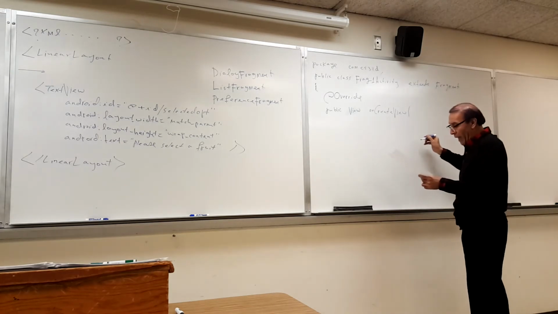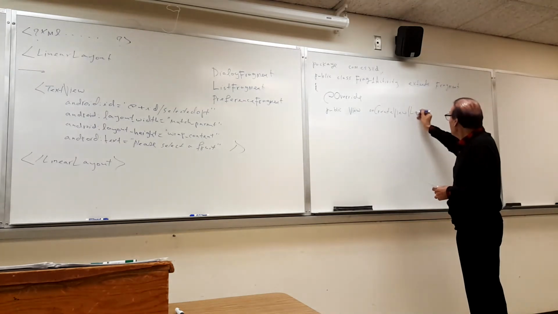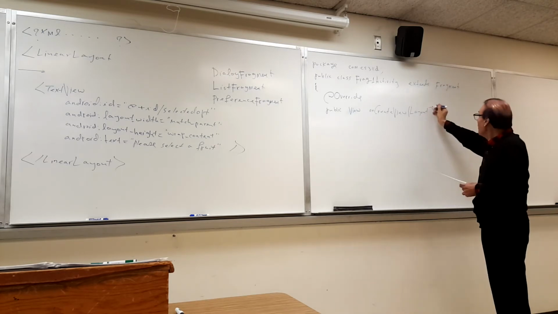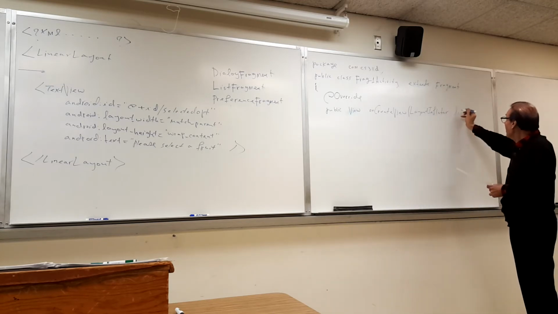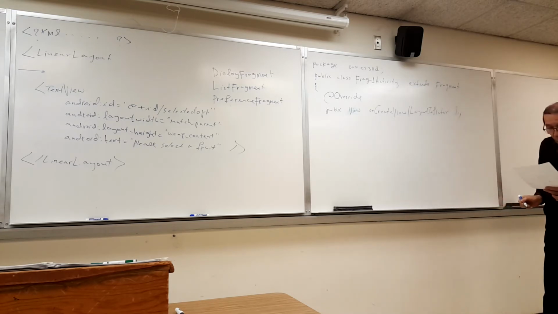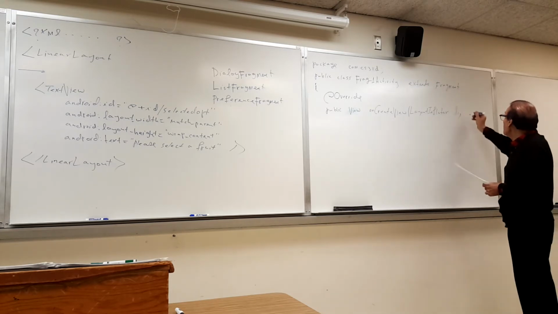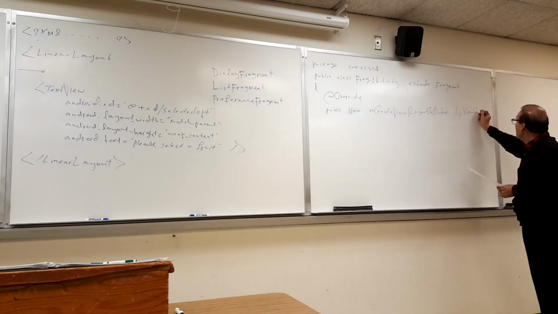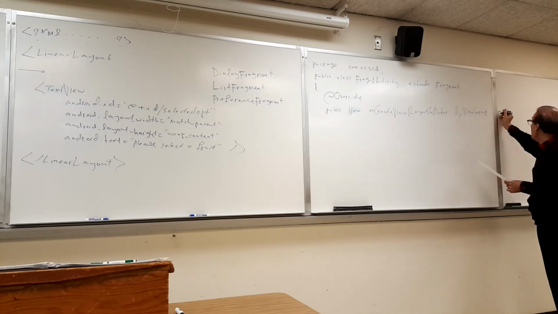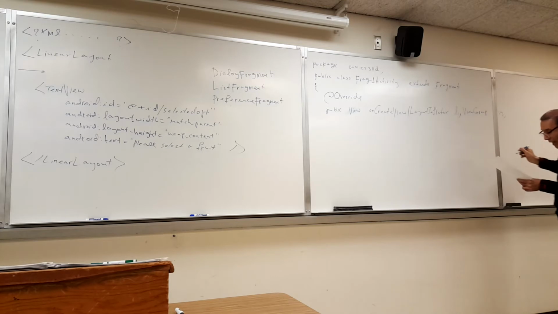The first one is LayoutInflater, which is li, comma. The second one is ViewGroup, and we call it vg. And the third one is Bundle, b.